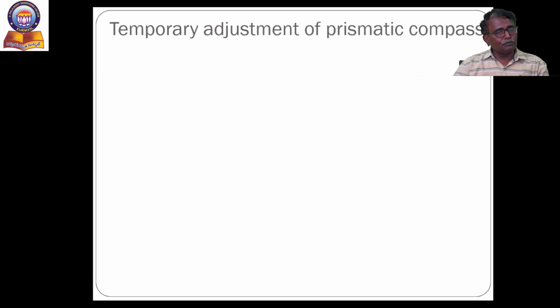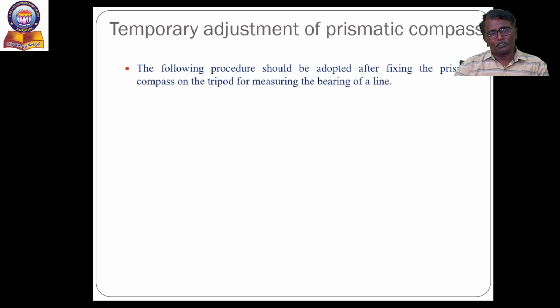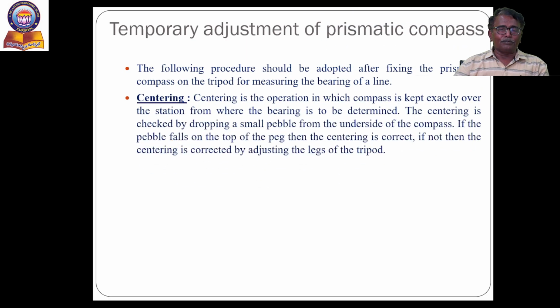Now we'll study the temporary adjustments of a prismatic compass. The following procedure should be adopted after fixing the prismatic compass on the tripod for measuring the bearing of a line. The first process is centering. Centering is the operation in which the compass is kept exactly over the station from where the bearing is to be determined.